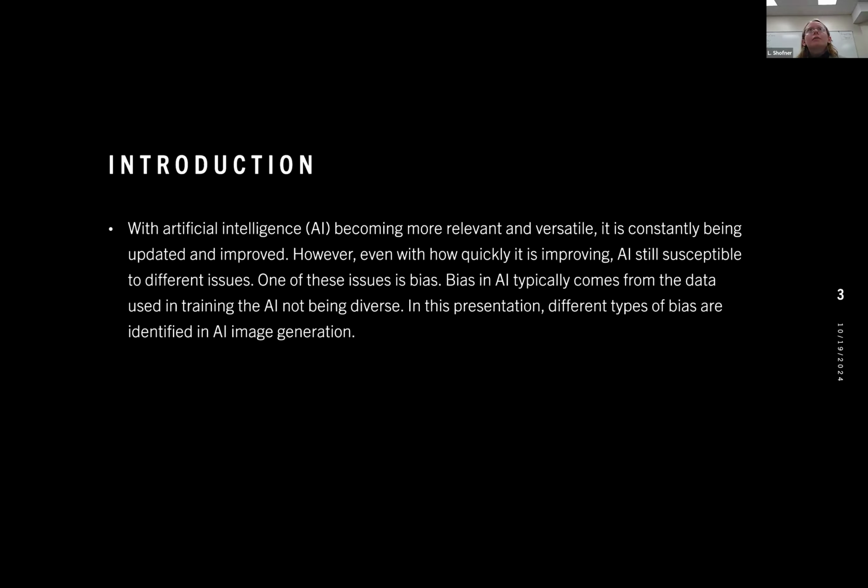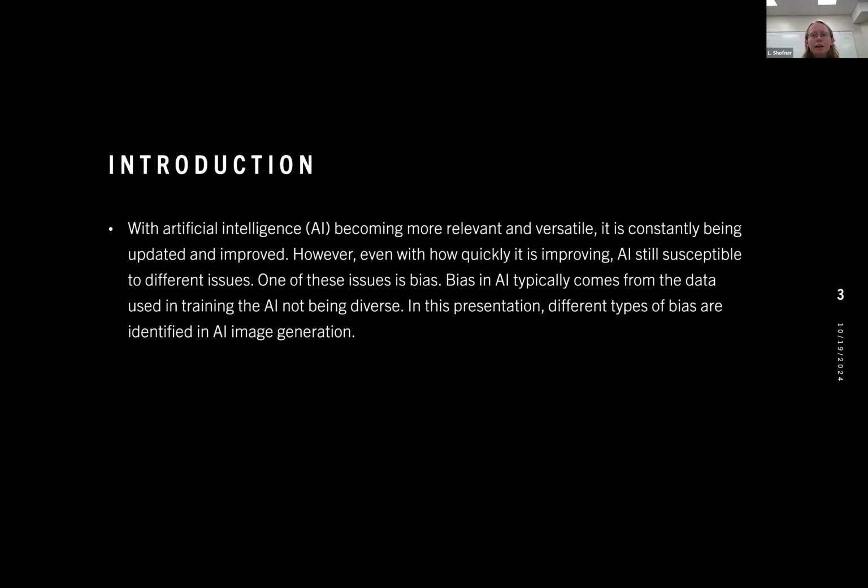So since, as we know from even some of the previous presentations, AI is becoming so much more relevant and versatile, it's constantly getting updated and improved upon. However, despite the rapid rate at which it is improving, it is still susceptible to certain issues. One of those issues being bias.